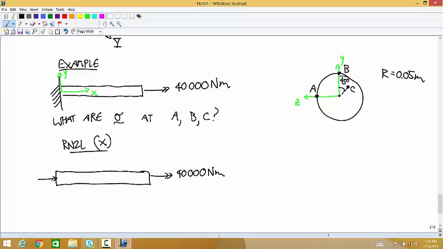And we have the reaction torque, I'll call it T_R here. So T_R plus 40,000 is equal to 0. So T_R is equal to negative 40,000.